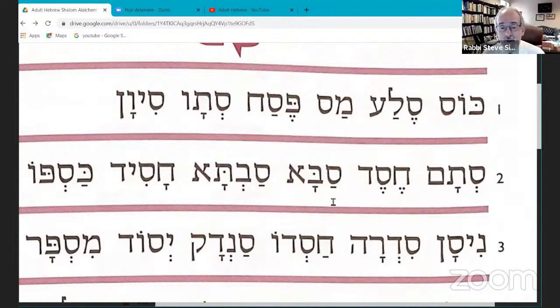Saba is grandfather. Saba, Saba, rhymes with Abba, which is father. Savta, Savta is grandmother or grandma. Saba is grandpa or grandfather. Savta, Savta is grandmother.